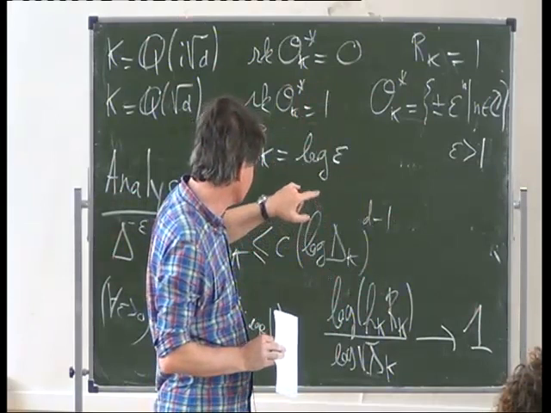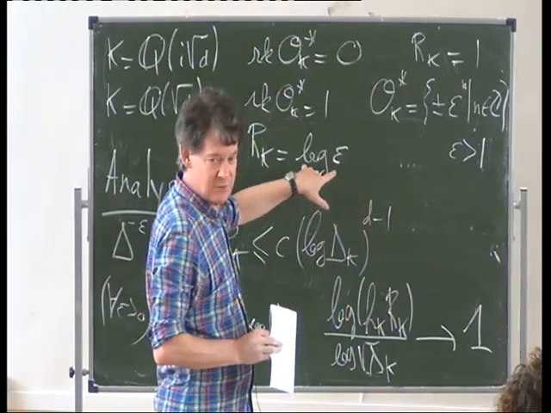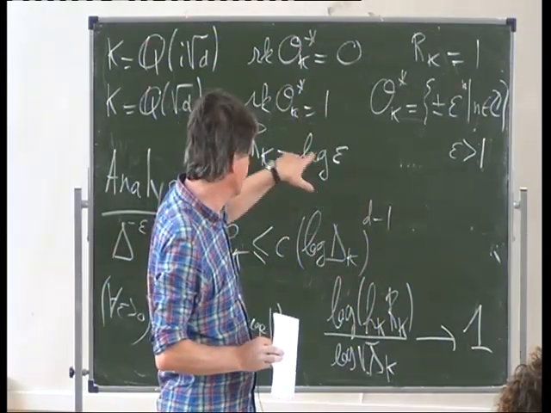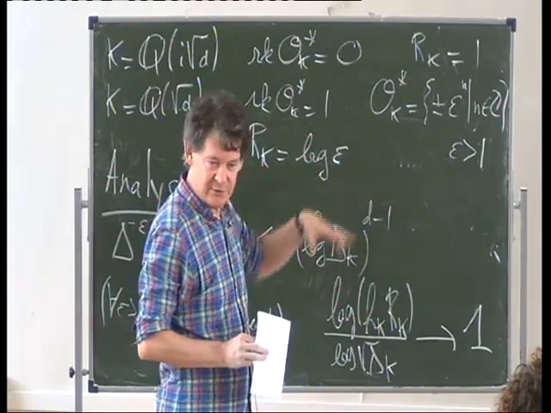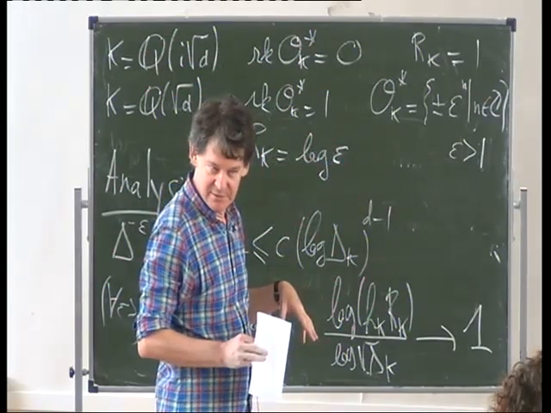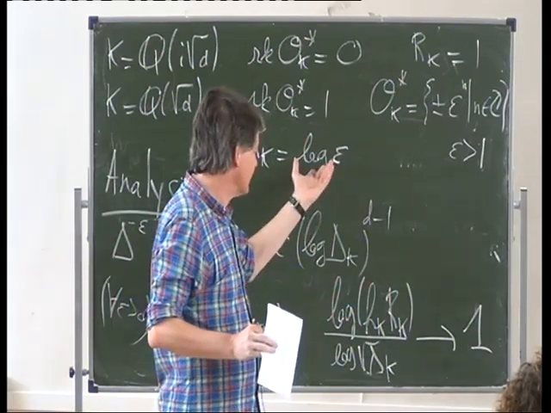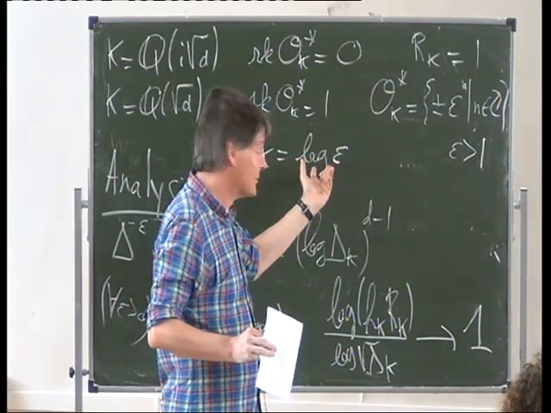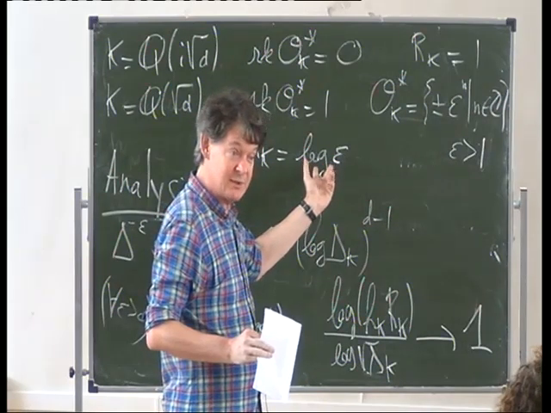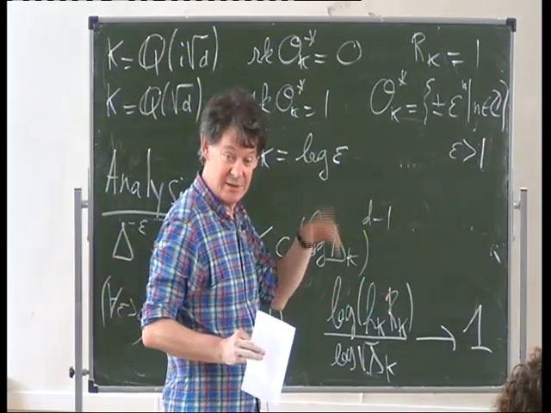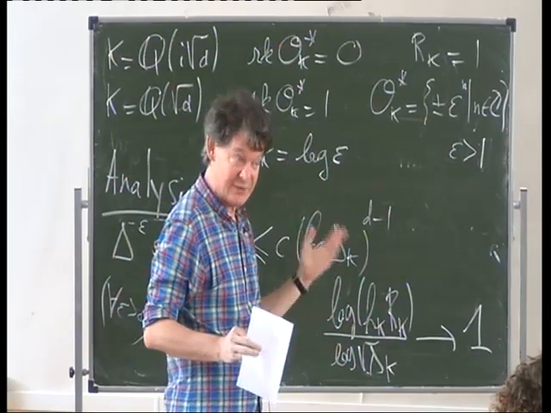It's known that you can construct real quadratic fields with class number almost equal to the square root of d. It's conjectured that there should exist a number of fields with log epsilon almost like the square root of d, but that's not known.